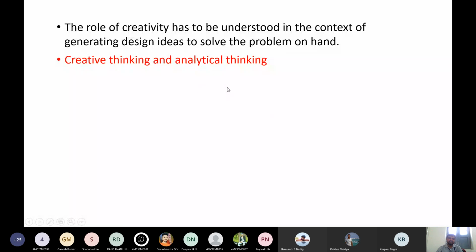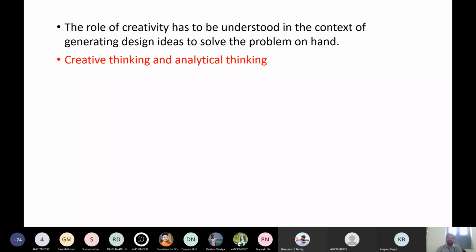Akash? Sir, what is the difference between creative thinking and analytical thinking? Creative is in a new innovative way. Analytical should work with engineering aspects. Okay.